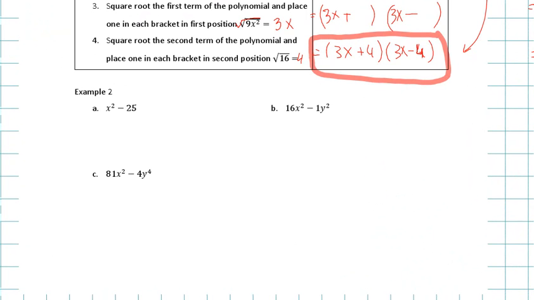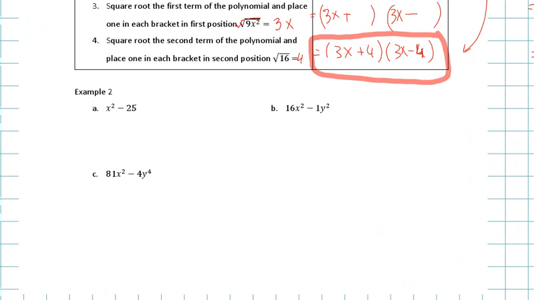First thing you're gonna ask, do I have a common factor? For the first one, do I have a common factor? No. Then you're gonna ask yourself, okay, there's two terms, so that's a binomial, but I have to think about difference of squares.